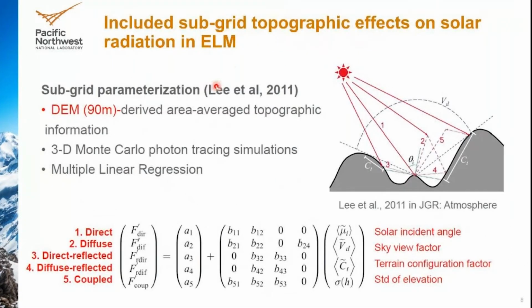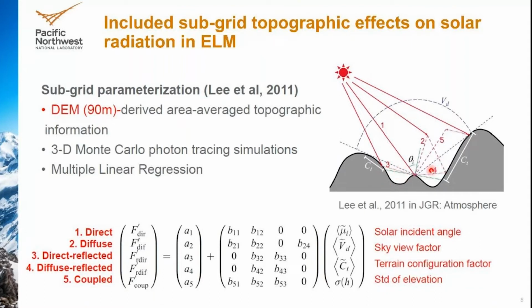So finally, we include a well-validated subgrid topographic parameterization in ELM. This method separates the total incoming radiation into five parts. The first one is incoming direct radiation from the sun. Two is diffuse radiation. Three is the direct radiation reflected by the ground surface.